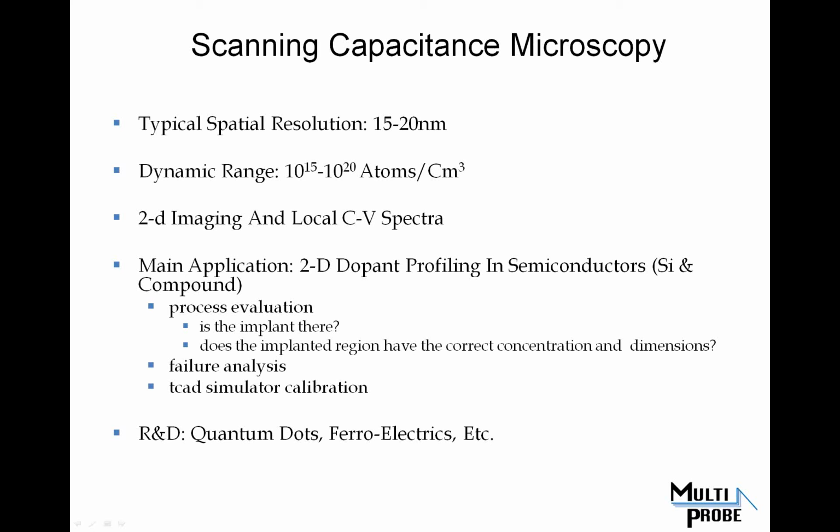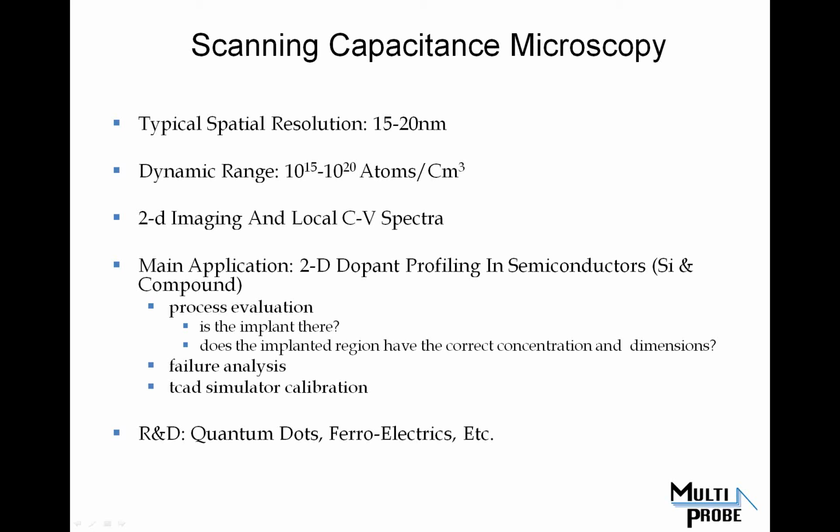So this is sort of the standard numbers that everybody quotes, 10 to the 15 to 10 to the 20. We found that actually goes down to about 10 to the 11th. You can still see the capacitance at a doping range of 10 to the 11, which is like in the range of special power devices and CCD chips.